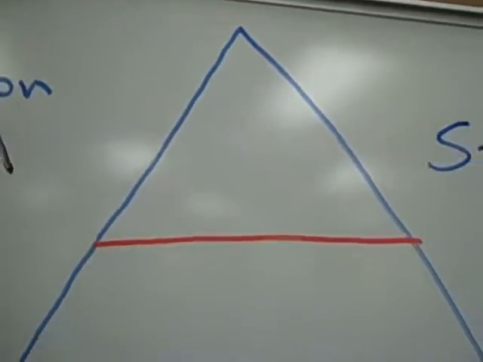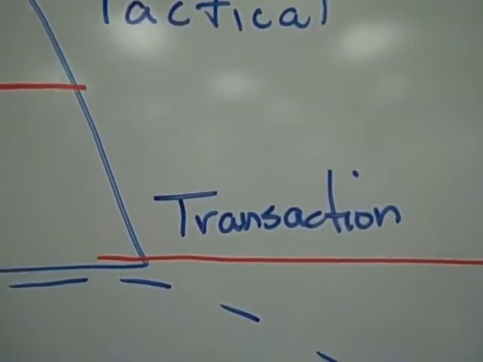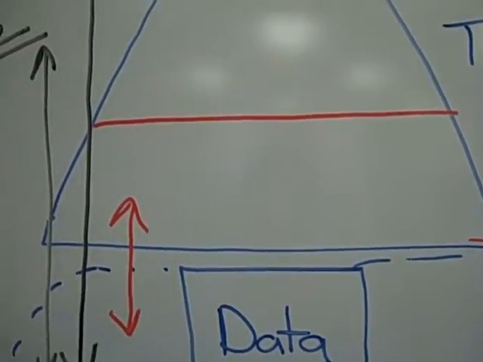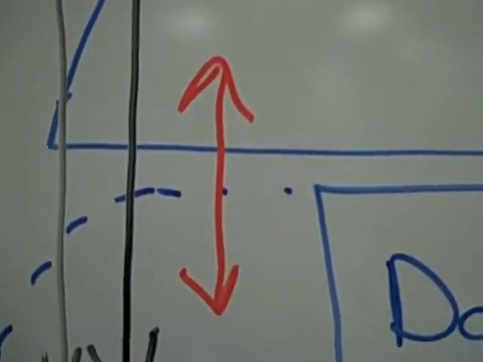I call it levels of information. And the first level here is transaction. Those day in and day out things that happen. If you want to use a company like Walmart as an example, every day they're doing transactions. People are buying stuff.